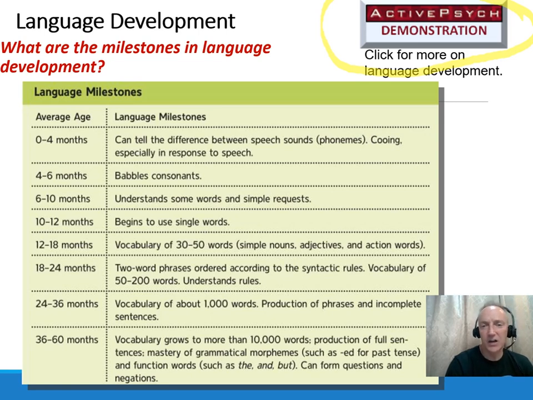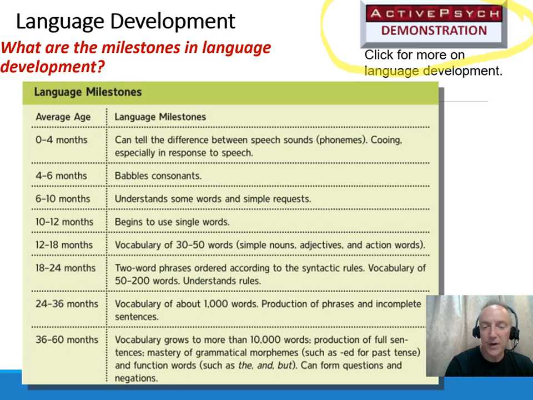And then in the toddler years, we see this huge growth in vocabulary. Again, we're going to cover this in the next chapter even more: the more a kid is spoken to, the more a kid is read to, the better their vocabulary is going to be.